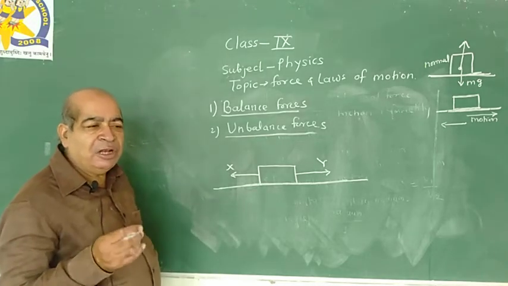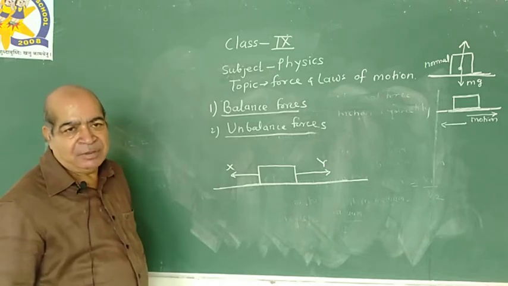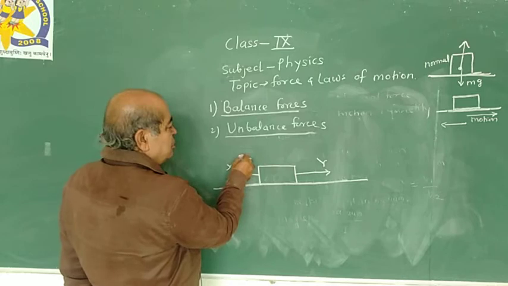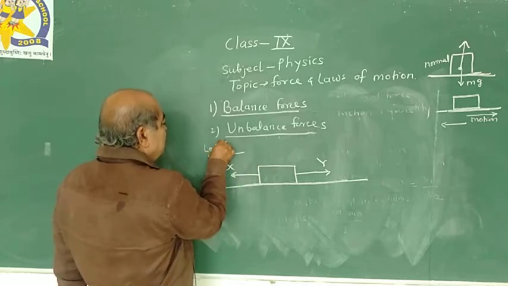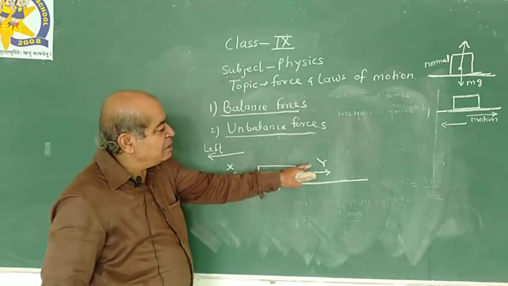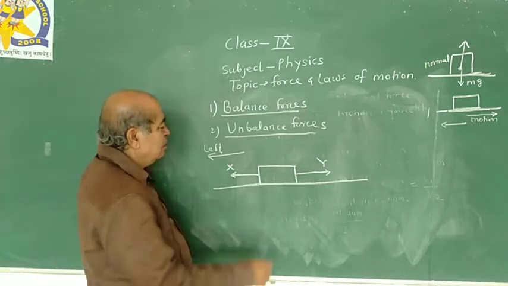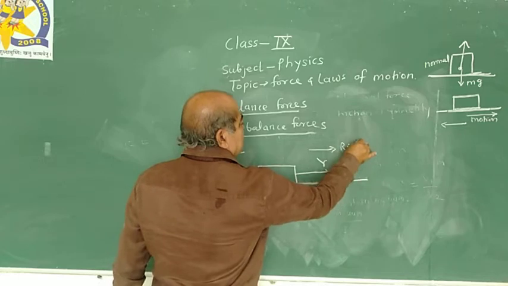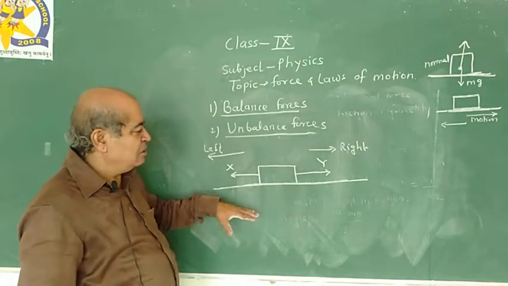When only the force X is applied, then the object changes its position and moves towards the left. When the force Y is applied only, then the object moves towards the right. That means, consider the action of forces.